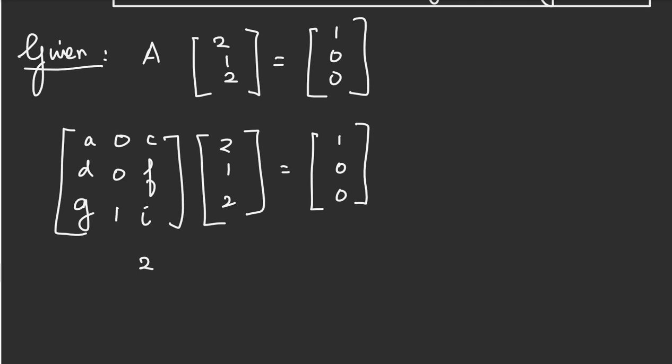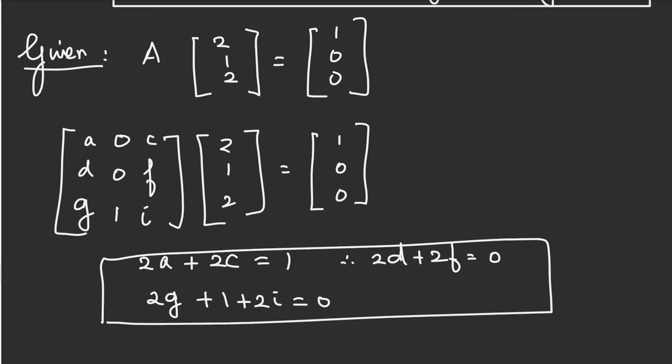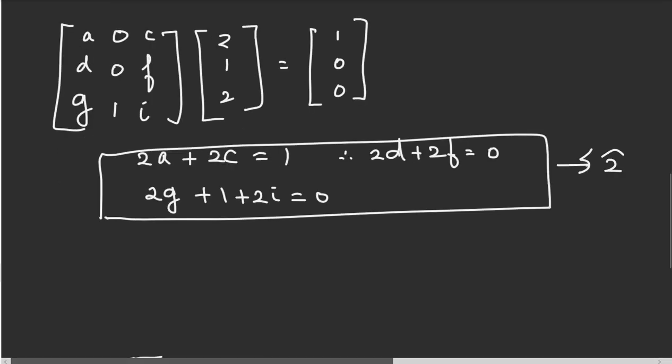So we get 2A plus 2C is equal to 1, therefore 2D plus 2F is equal to 0, and the next equation is 2G plus 1 plus 2I is equal to 0. Another set of equations we have got. These are equations number 1 and 2.